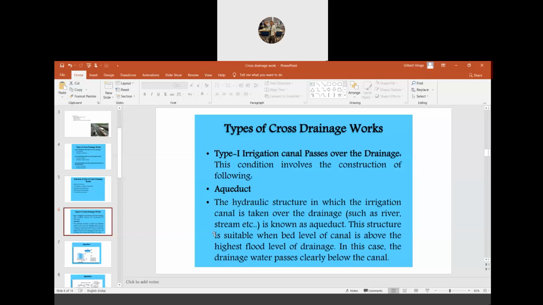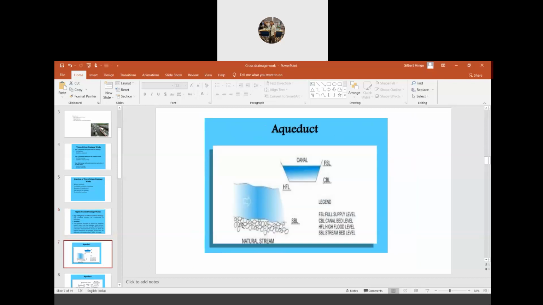This kind of structure is constructed when the bed level of the canal is above the highest flood level of the river. If you see here, this is the bed of the river and this is the highest flood level of the river. That means this is the maximum level of water ever recorded in a river.